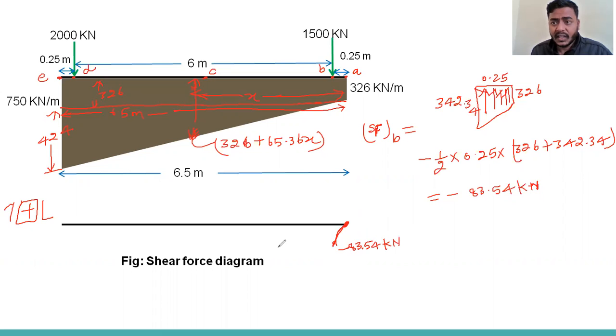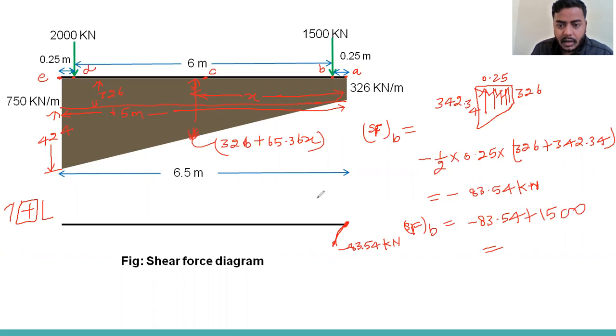Now when you calculate the shear force at B on the just left side of this load, you will get a sudden change in the shear force. The direction of the concentrated load is 1500, so you will get plus 1500 there. So you will get minus 83.54 plus 1500. What will be this value?